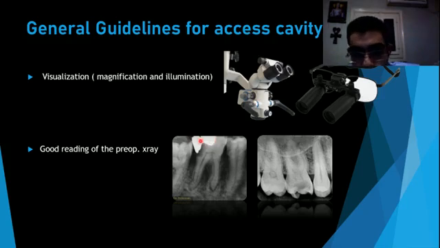You will be able to see the restorative material in the tooth, the number of roots, and the narrowness of the root canals. So you can modify your access according to the findings that you see in the preoperative X-ray.